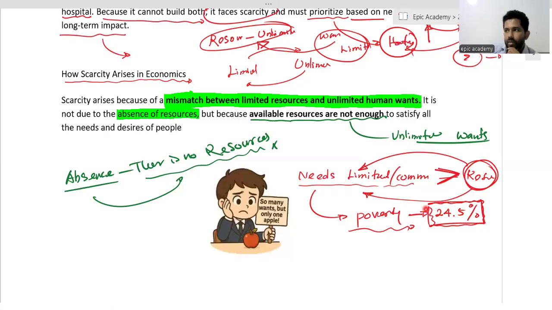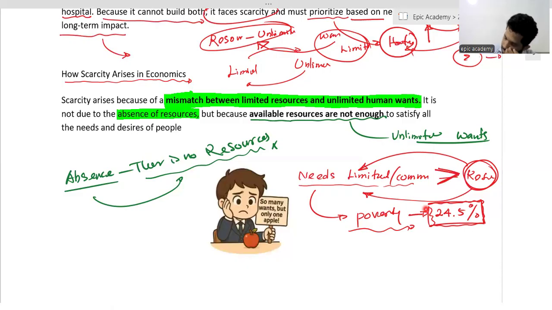Because of unequal income distribution, no opportunities, and destroyed economic activities, the poverty level of people increased. That means 24.5% of the total population are unable to satisfy basic human needs: food, shelter, clothes, basic necessities. This is not a simple situation.